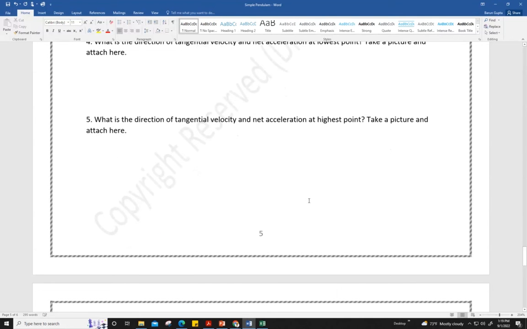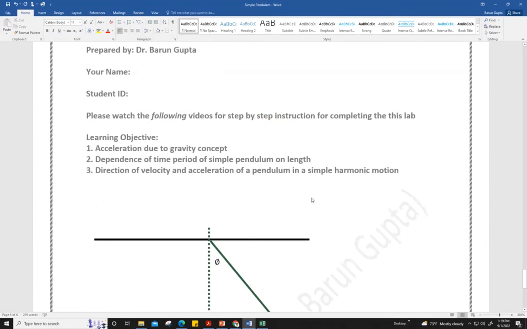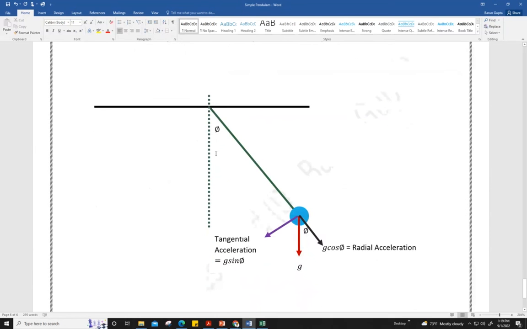Now let me explain a little bit here. Why do you have two accelerations, or why does the acceleration change? I'm going to explain this just for your understanding. Here, this is a simple pendulum oscillation. This is the object, and this is a string.